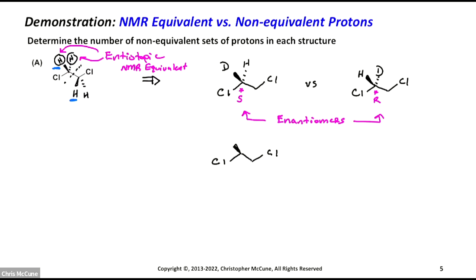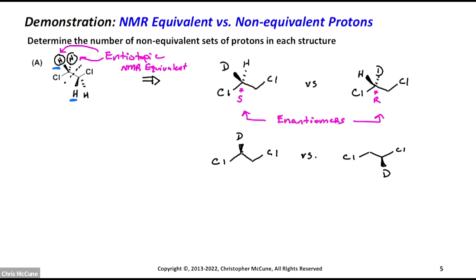But if I go ahead and pick a different set of hydrogens to compare, I'm just going to draw it like this. Since it's a deuterium, I'll draw the deuterium in, and assume the other one's a hydrogen behind it. So I can see there's a stereocenter formed here.